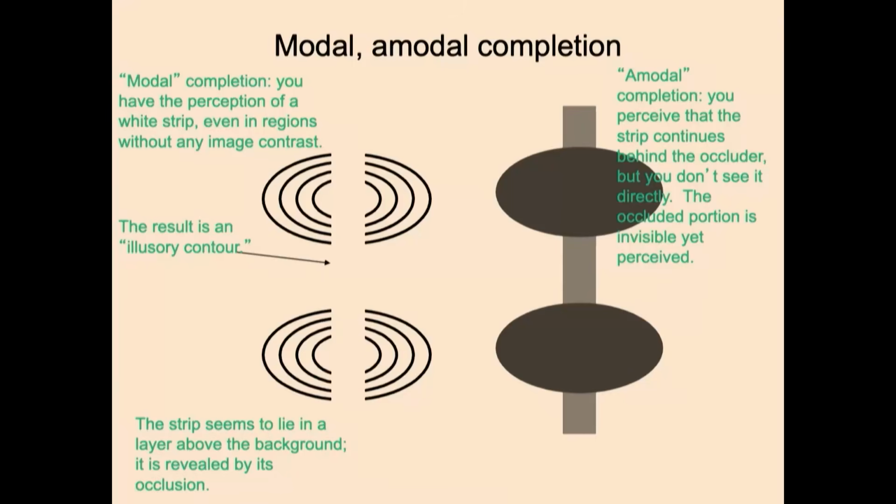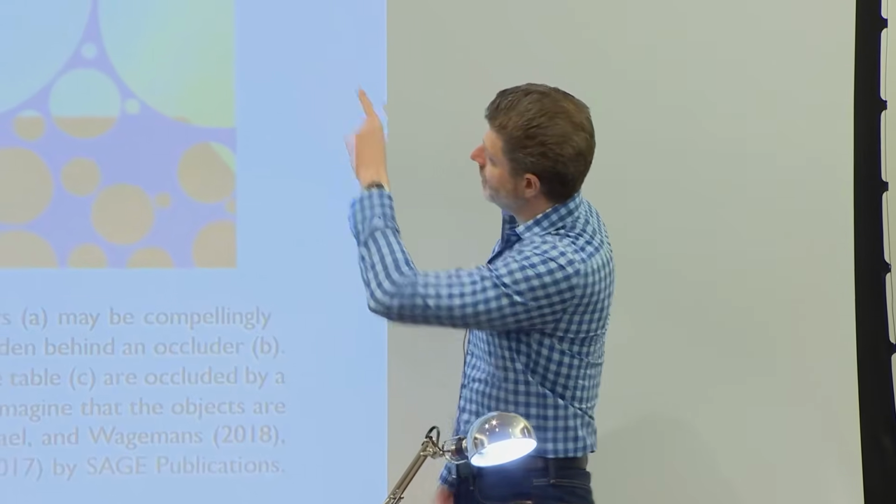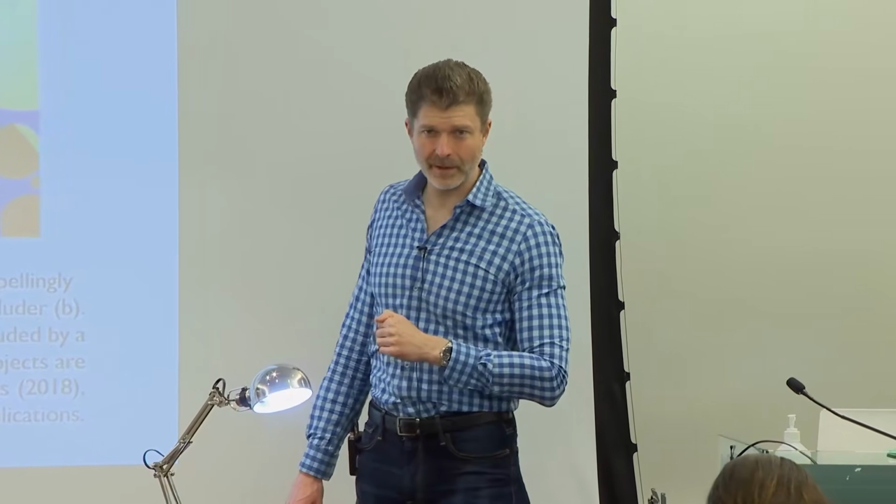And so both of these things happen all the time. Again, most of the time, you're just not aware of it. But sometimes there are these funny coincidences in images that reveal the completion processes at work. So this is kind of a funny one where there's a cylinder or something that's placed in front of this person's hands, and it makes it look like they have a really long finger, right?